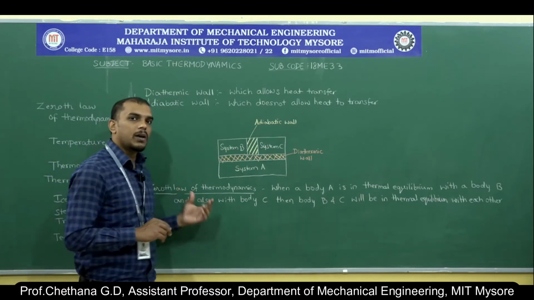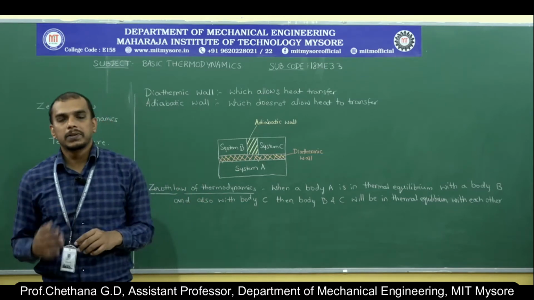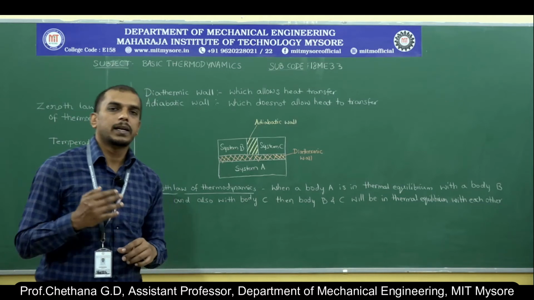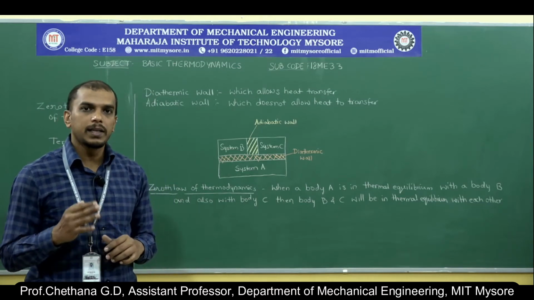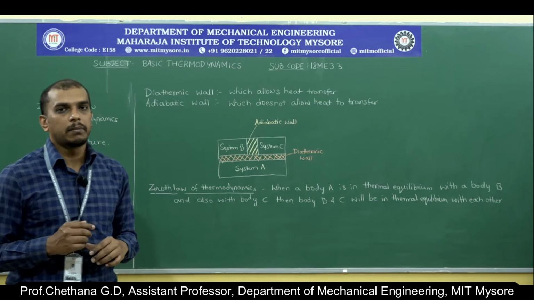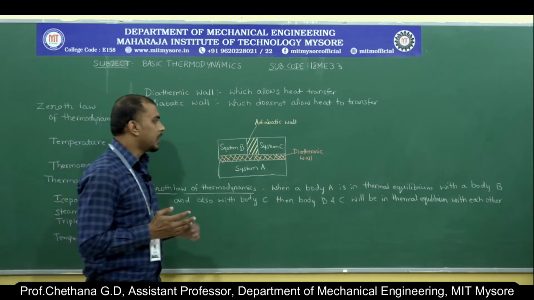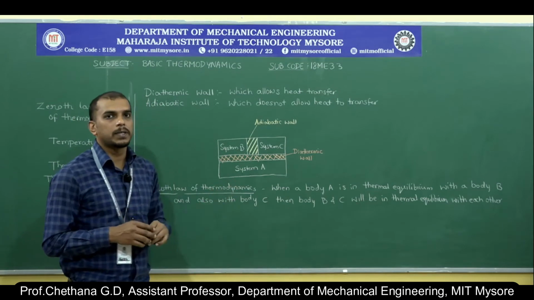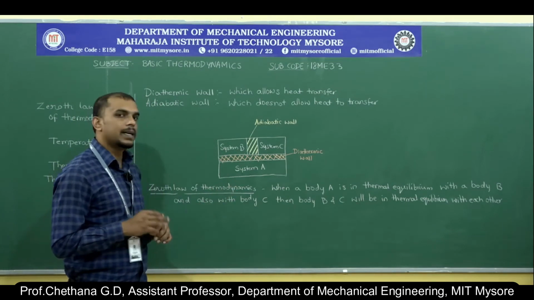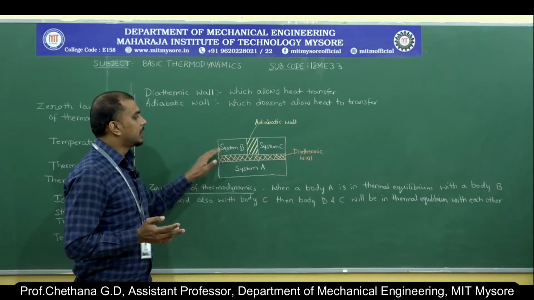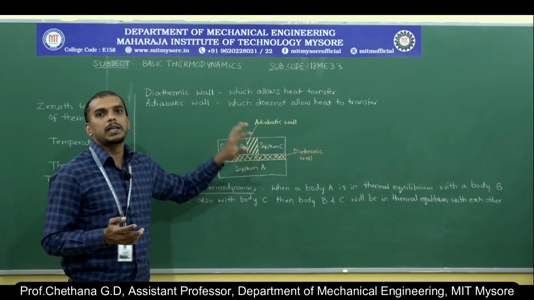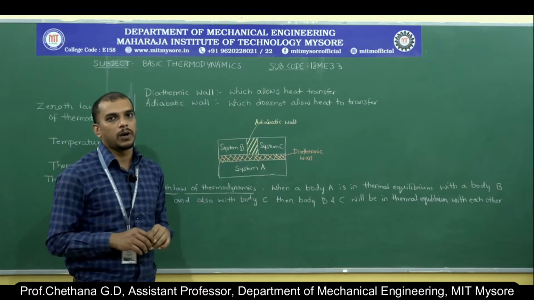So, the zeroth law of thermodynamics gives us the concept of temperature, or the definition of temperature. What is temperature here? Temperature is a thermodynamic property which describes whether systems are in thermal equilibrium or not.